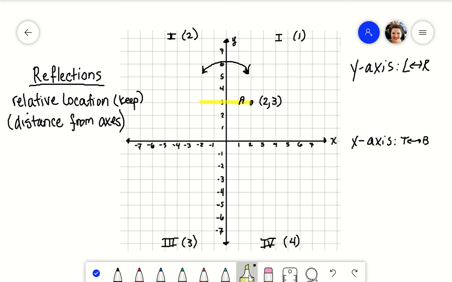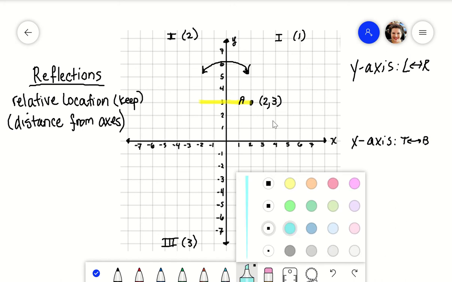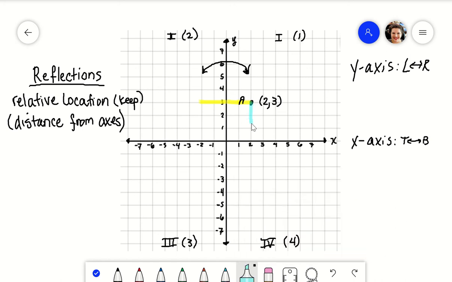And then you'll also notice that this is 3 spaces from the x-axis. So I need it to be 3 spaces from the x-axis when I reflect it. So my image, my A prime, is now at (-2, +3).